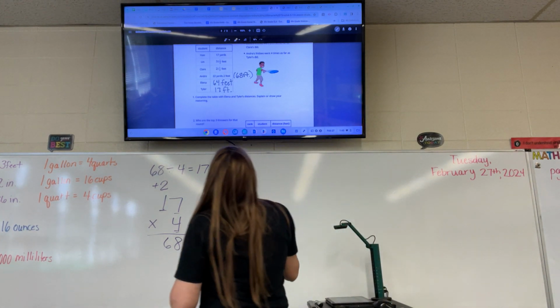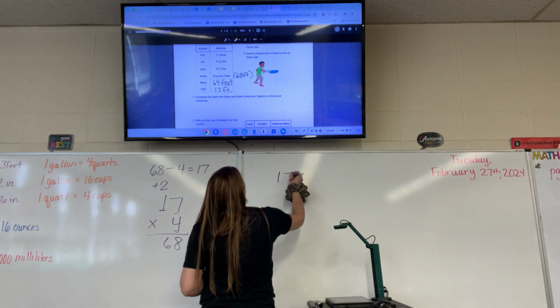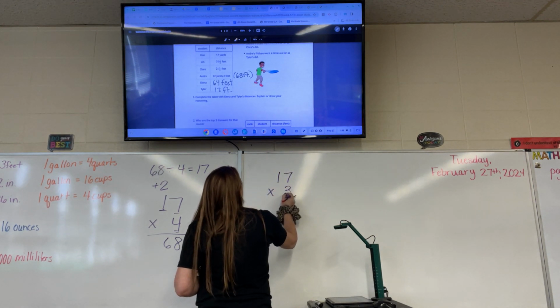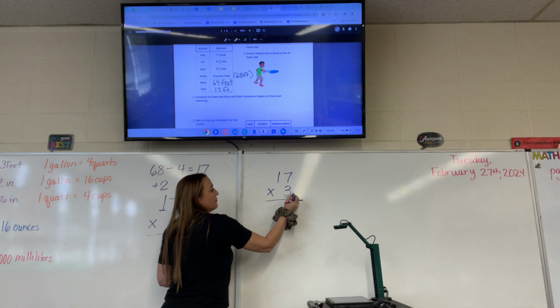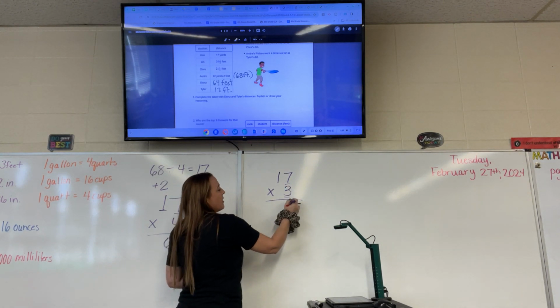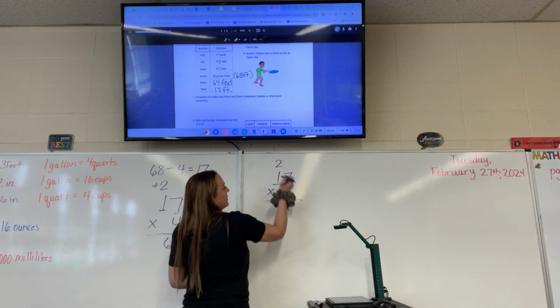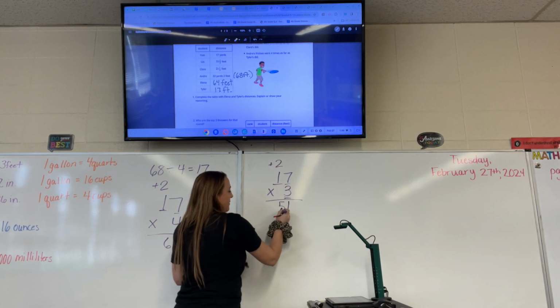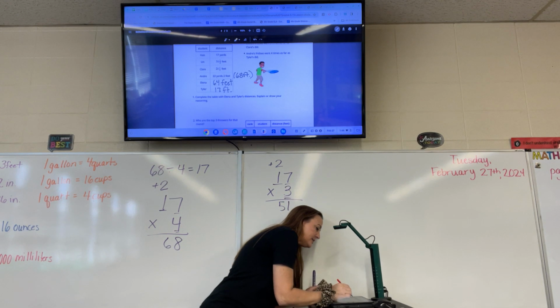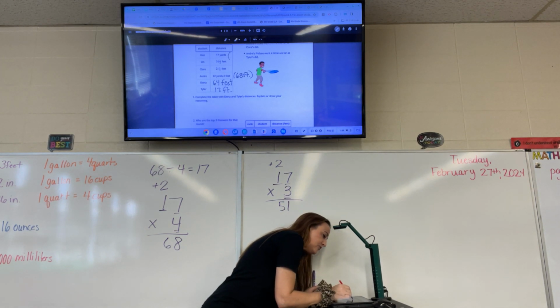Han. Okay, so Han threw it 17 yards, and we know there's 3 feet in a yard. 3 times 7 is what? 21. Put down the 1, carry the 2. 3 times 1? 3. Plus 2 more? 5. So next to Han's name, we're going to put 51 feet.